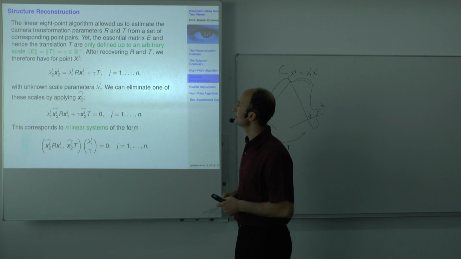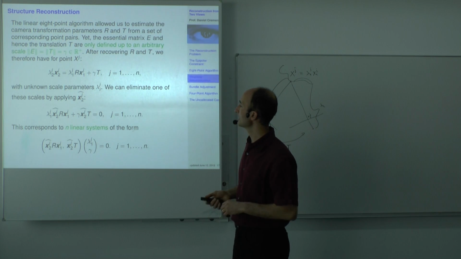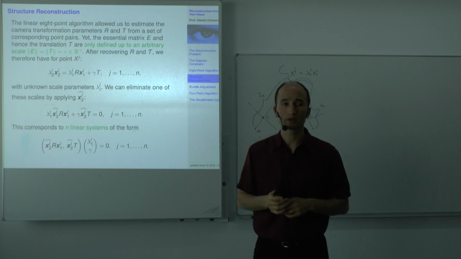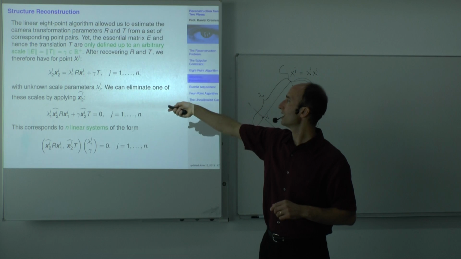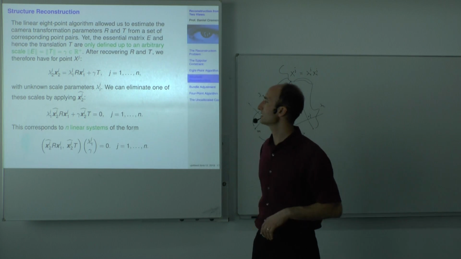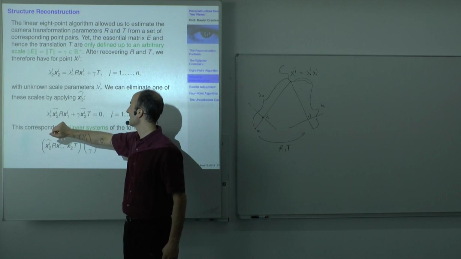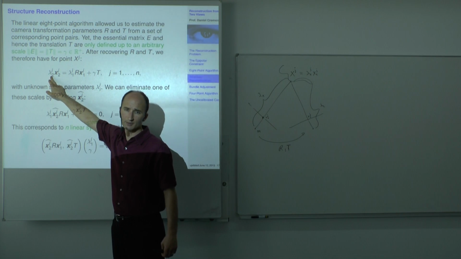Now we want to simplify this equation, and we can do that very much like in the derivation of the epipolar constraint. We can apply transformations to this equation, and the transformation we'll apply is aimed at kicking out the parameter lambda 2.